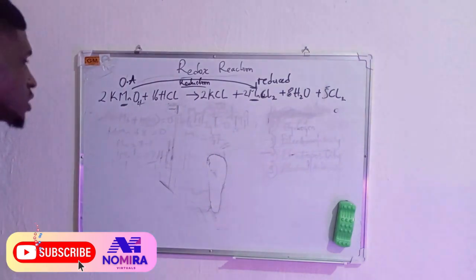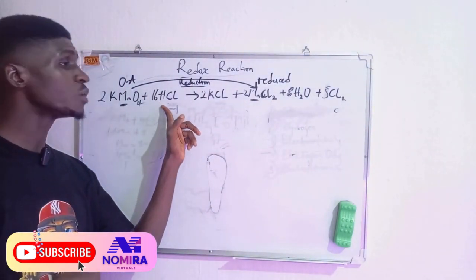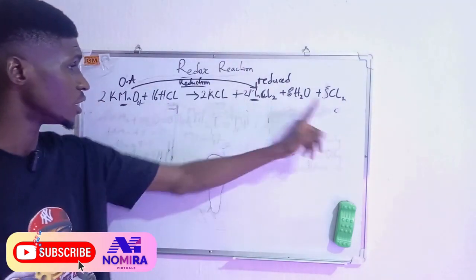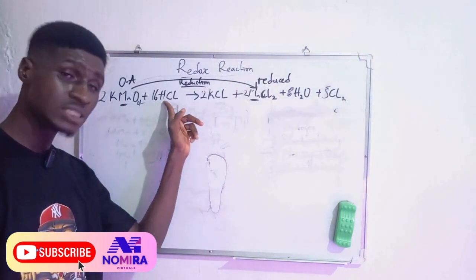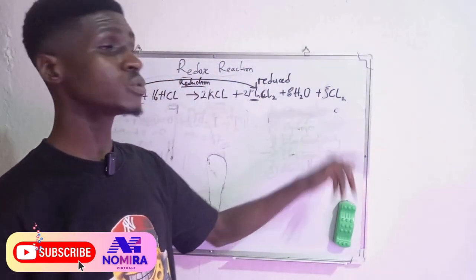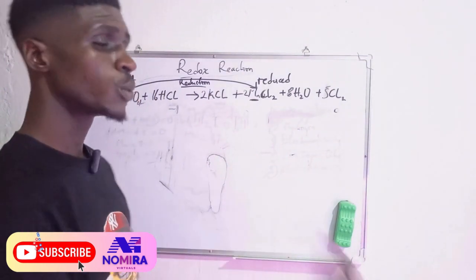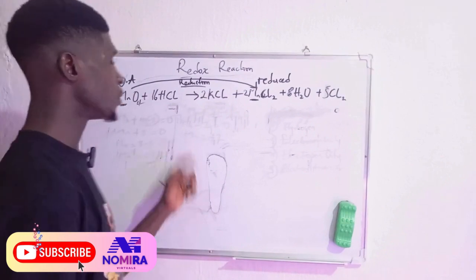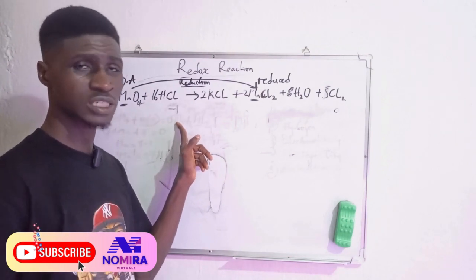What actually happens here is that, apart from the fact that we consider removal of hydrogen, because this particular compound contains hydrogen, and this particular molecule doesn't contain hydrogen, you can also use that to explain oxidation, which means removal of hydrogen. But I want you to understand it using electron transfer.